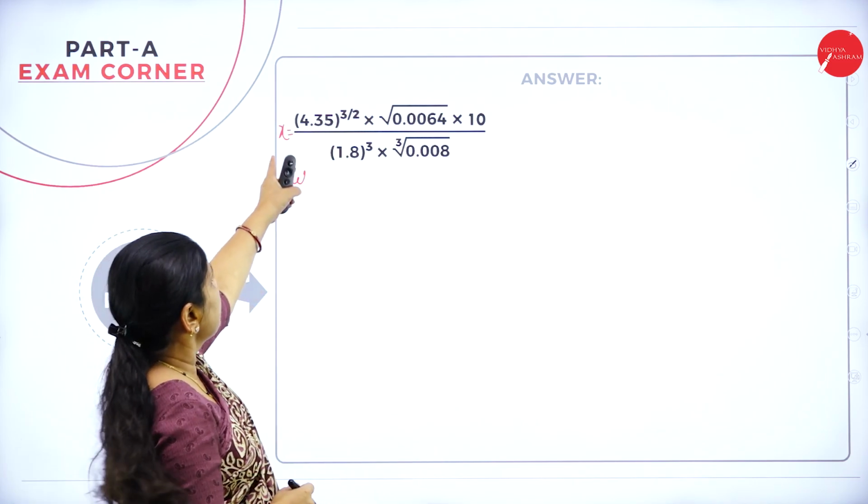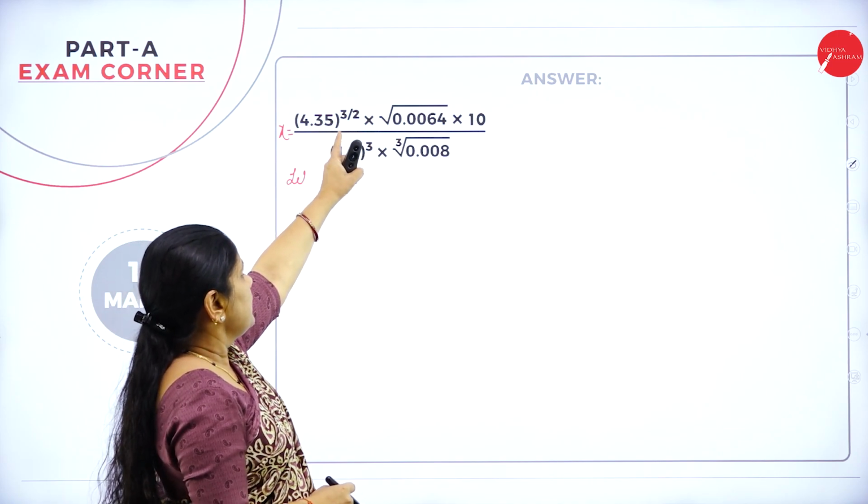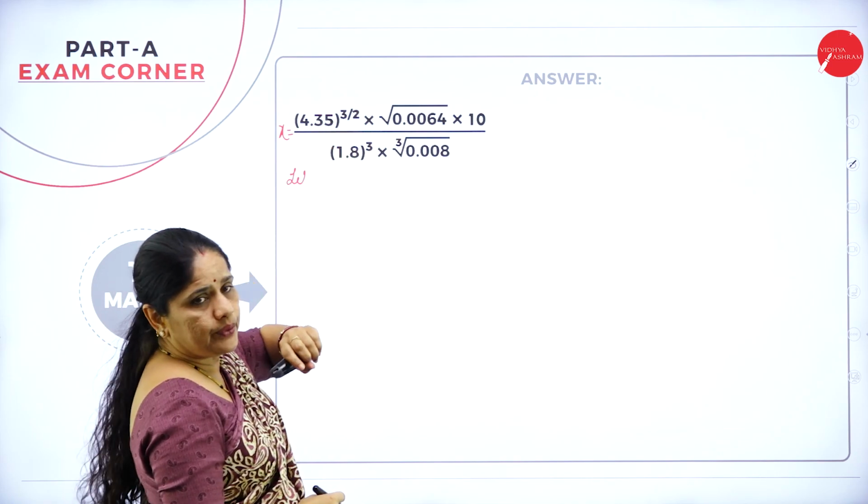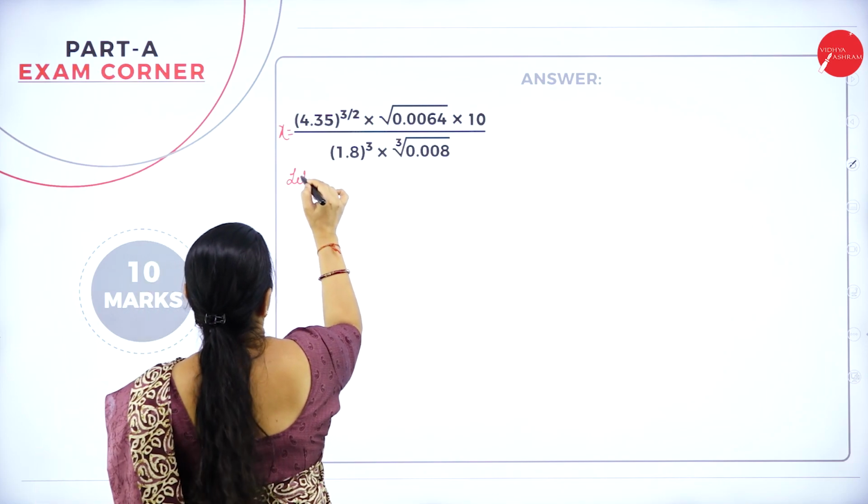Now let x be equal to 4.35 to the power of 3 by 2 into root of 0.0064 into 10 divided by 1.8 to the power of 3 into cube root of 0.008.